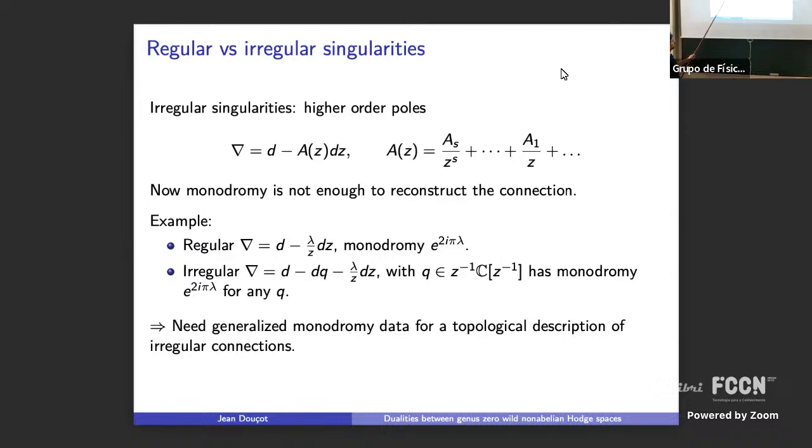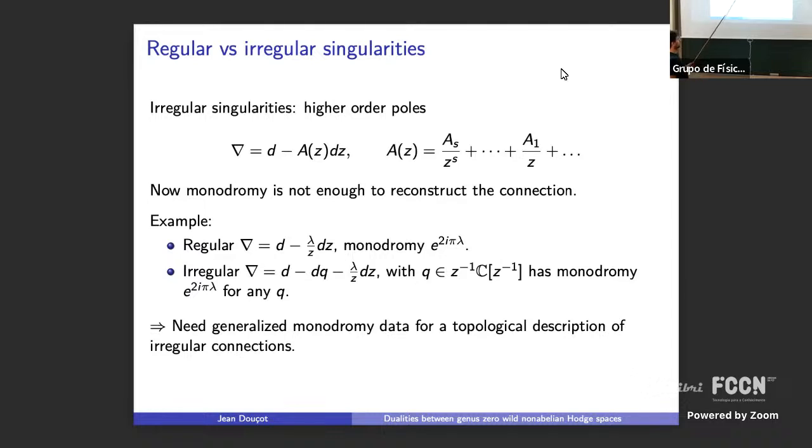So if you consider this regular singularity of rank 1 with one regular singularity at 0, its monodromy is exponential of 2iπ times this coefficient lambda. But I can also consider a near-regular connection of a similar form. I add this factor dq, where q is a polynomial in 1/z, and it has the same monodromy.